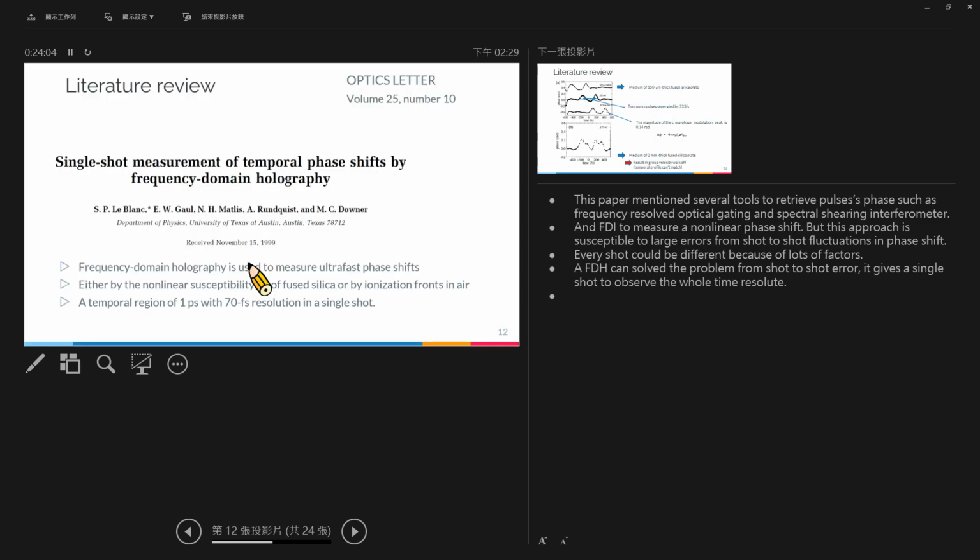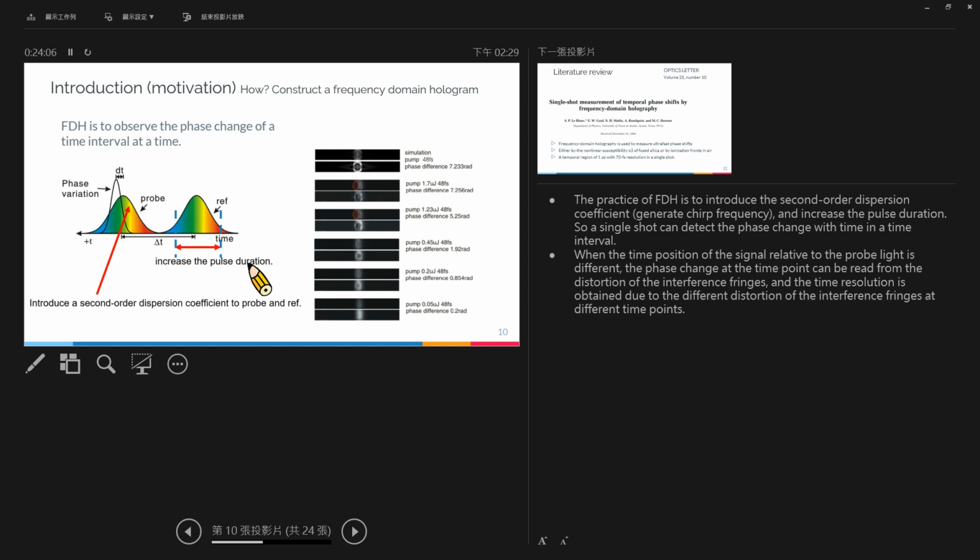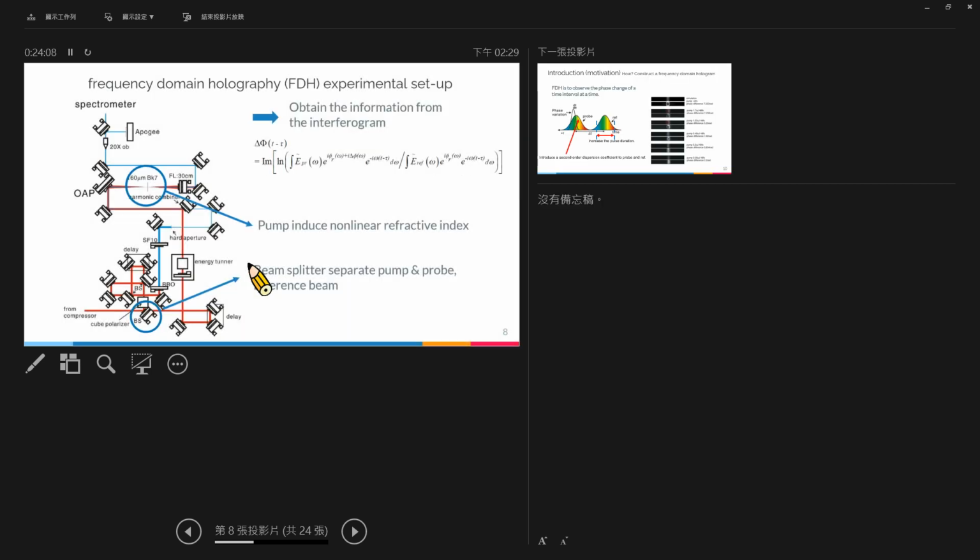How do you generate a time delay? A longer path? Actually, this one is from my senior's work. They also had an initial light, added a delay stage, and split the probe and reference using a beam splitter. Just a longer path, just a delay.